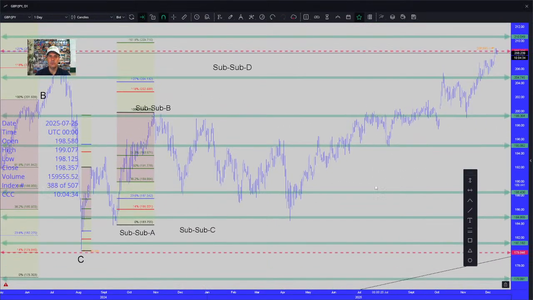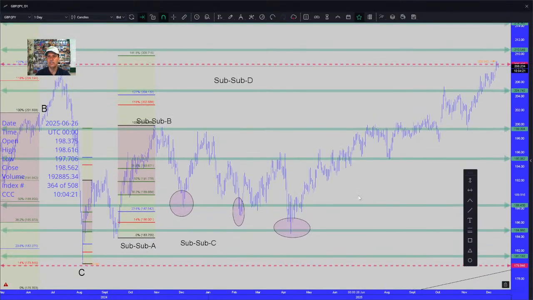Alright everybody, moving forward, which one is the sub C? Is the first circle the sub C? Is the second circle the sub C? Or is the third circle the sub C? Let's go step by step, right?